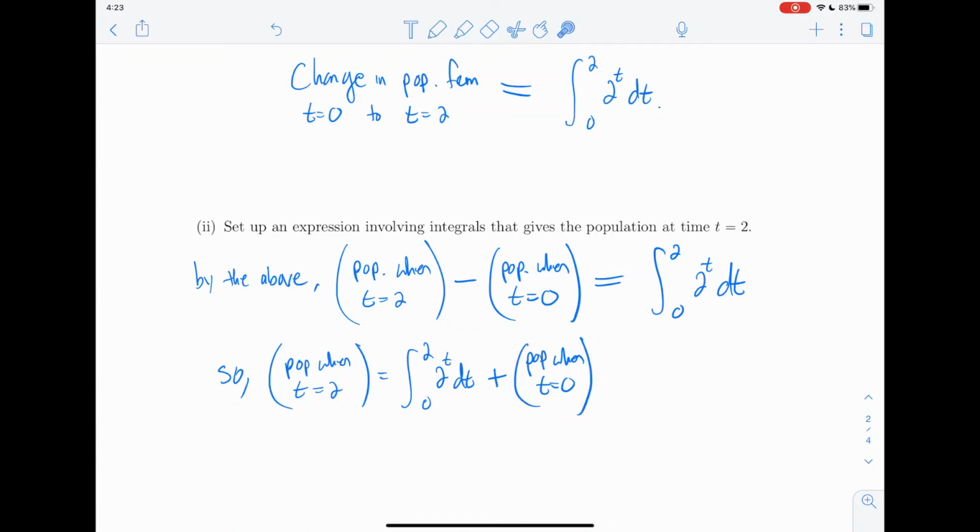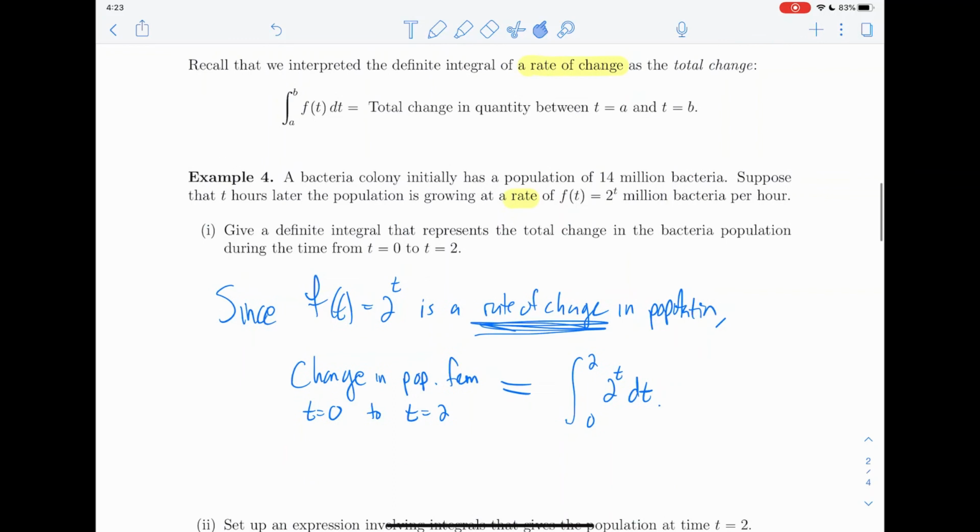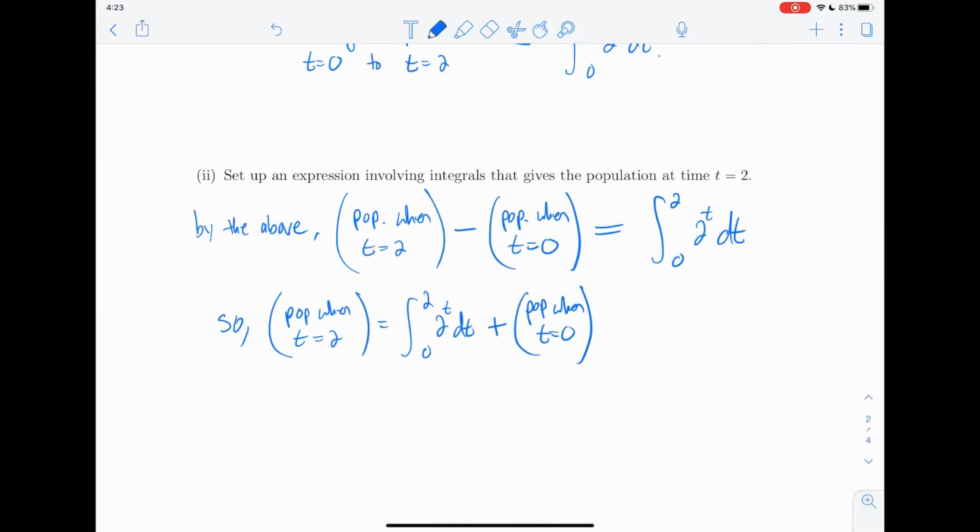That's the initial population of the colony. If we come back to the beginning of the question, it tells us that the bacteria colony initially has a population of 14 million bacteria. So what that means is that the answer to this question is the integral from 0 to 2 of 2 to the t dt, plus 14. And this right here is exactly an expression involving an integral that returns the population 2 hours into the colony growth.